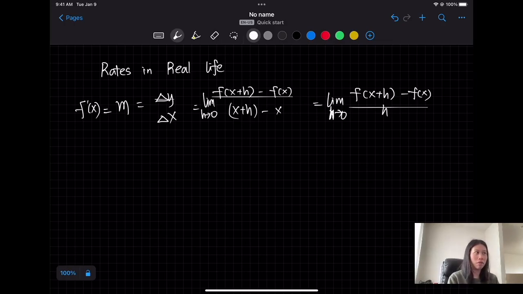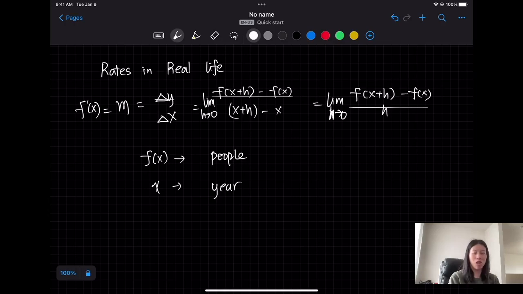So think about it. If the unit for x is years and the unit for f(x) is people, let's say f(x) represents the population of a country, and x represents the year.